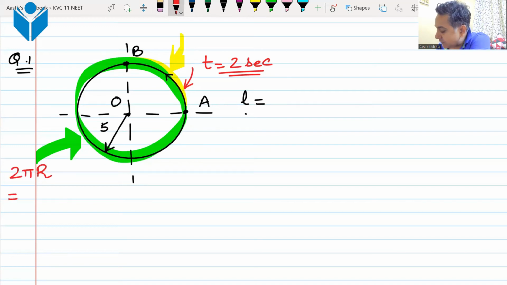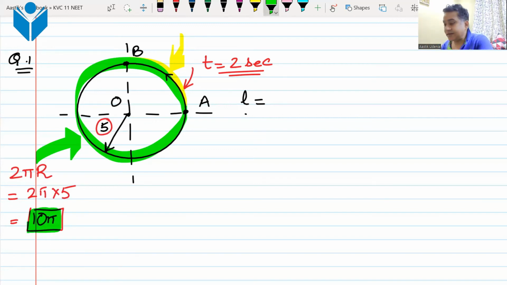R is 5 meters, so this will be 2 pi multiplied by 5, that will be equal to 10 pi. Do we understand this? The circumference of this circle is 10 pi.